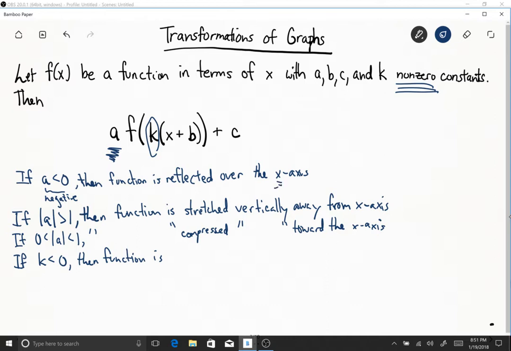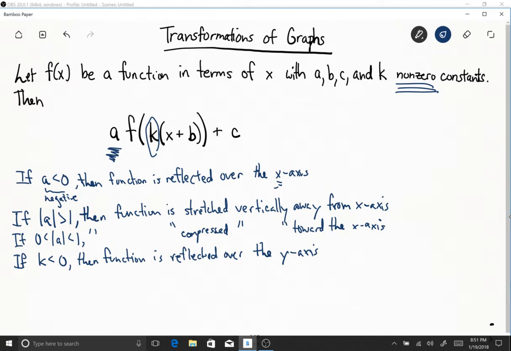Can you take a wild guess as to where we'd be reflecting in this case? Surprise, surprise, it's going to be the y-axis. Okay, so I know this might look kind of funky because I'm using all these letters right now, but I'll kind of bring it home with an example.